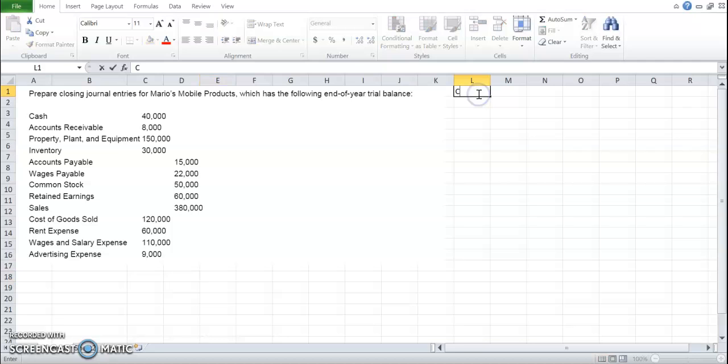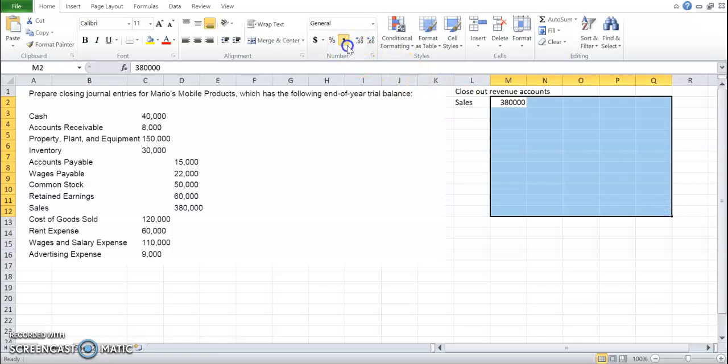So the first thing you want to do is close out revenue accounts. So how do we close them out? Well, since we see sales has a credit balance, we're going to need a debit balance for the same amount to close it out. So let's put sales here, and we're going to put $380,000.